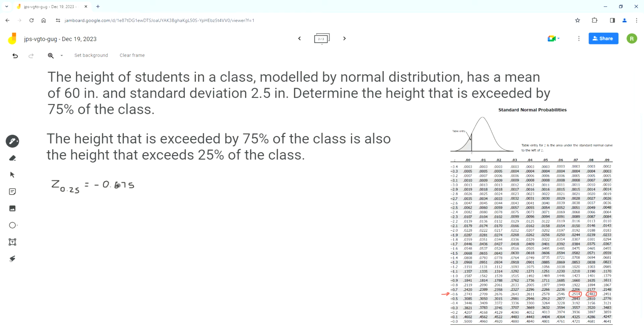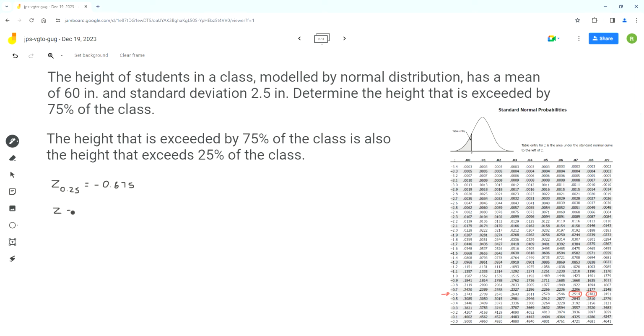I chose the value between negative 0.67 and negative 0.68 because this is the best approximation for the value that lies almost in between these two values in the z-score table. Now we will use this z-score value to calculate the height that is exceeded by 75% of the class. So we'll use the z-score formula.